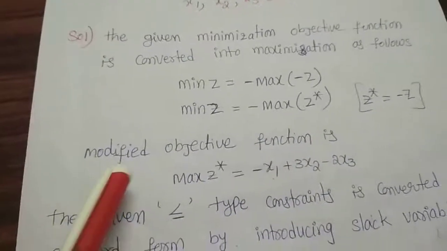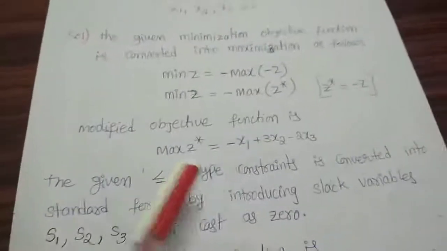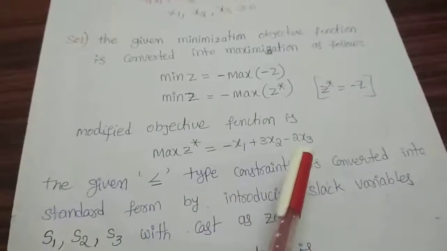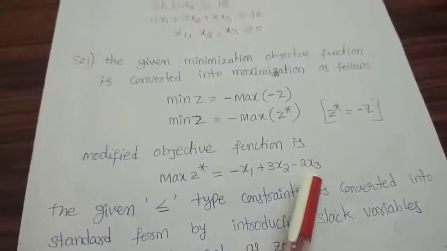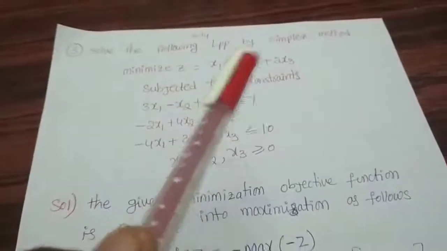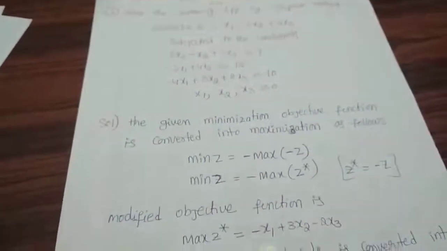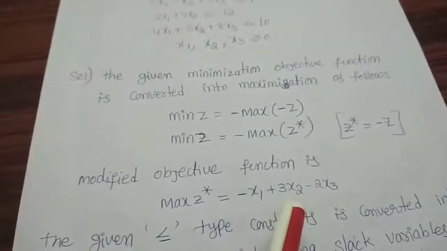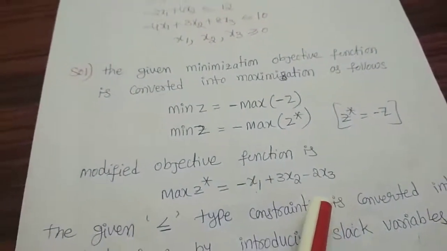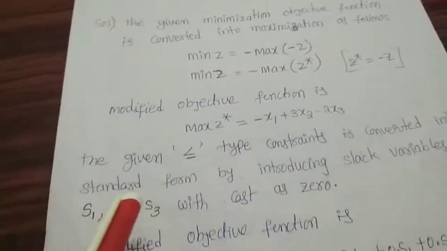Therefore the modified objective function is maximum of z star equal to minus x1 plus 3x2 minus 2x3. The given objective function is x1 minus 3x2 plus 2x3; we multiply with minus, then it becomes minus x1 plus 3x2 minus 2x3. So the objective function is converted into maximization form. Now coming to the constraints.